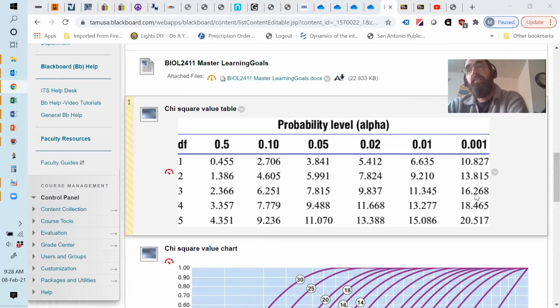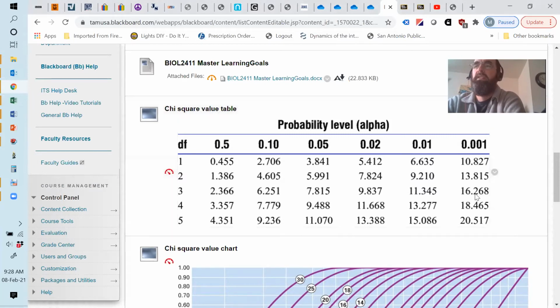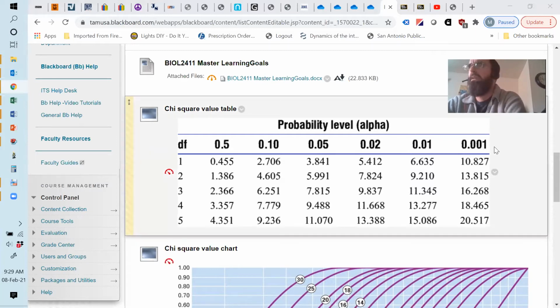Right? Flip it around the other way, we have a 999 in 1,000 chance that something is going on that we're not taking into account. If you think of it that way, this is a really, really small number, and it's really weird to have small numbers meaning more.